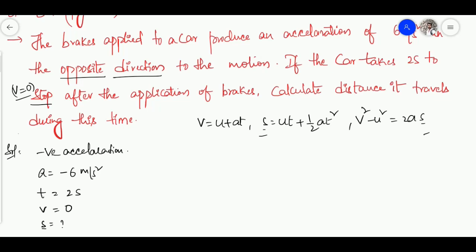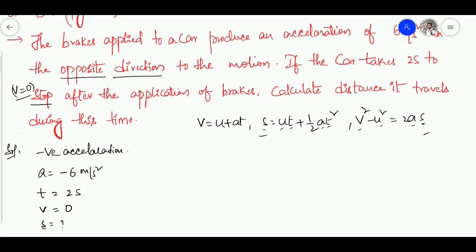But the thing is, let's see, apart from the s, do we have every other value? We have t, we have a, but we don't have u. Coming to this, we have v, we have a, we have to find s. But if we also don't know u, there shouldn't be two unknowns.